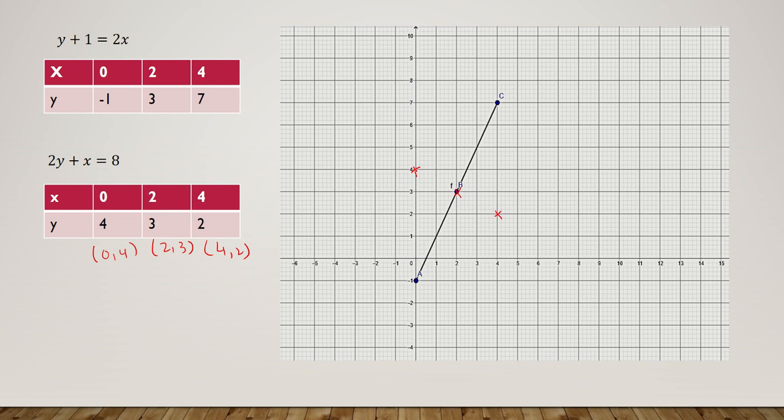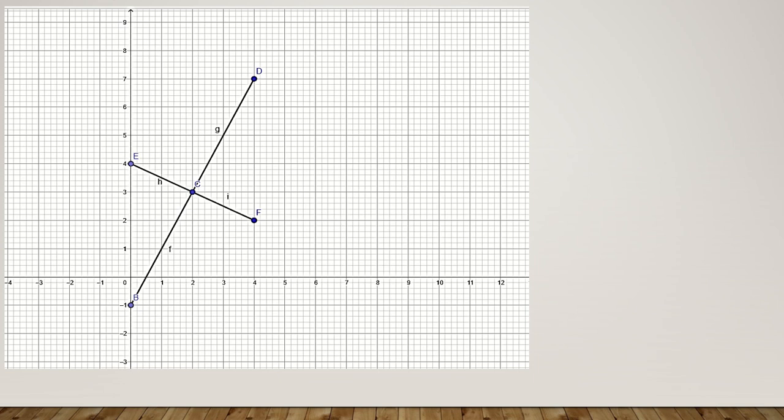So when I join these points, I'll get this type of graph. Let's see where the intersection point is. It is x is 2, and y is 3. So our solution set is 2, comma 3.